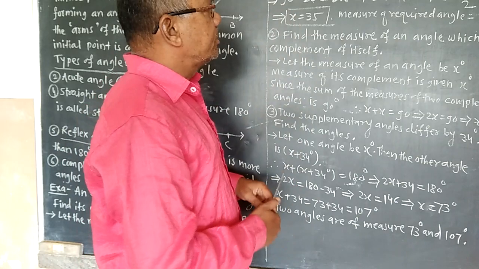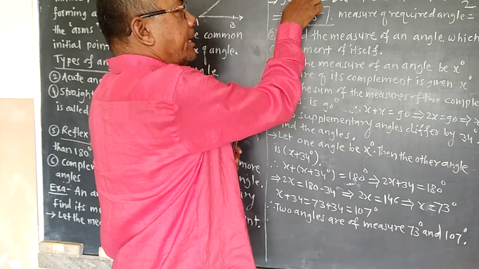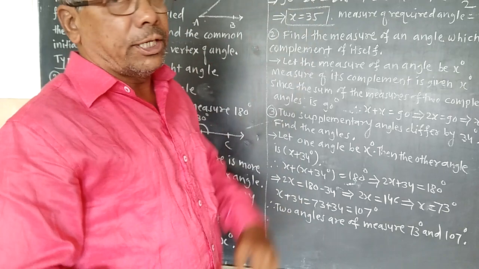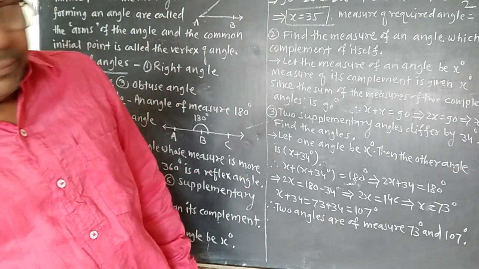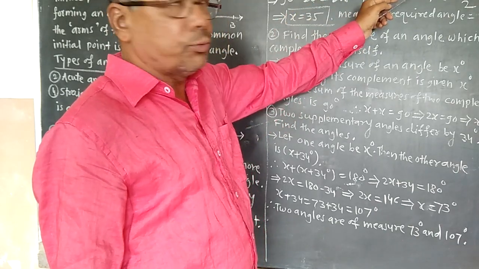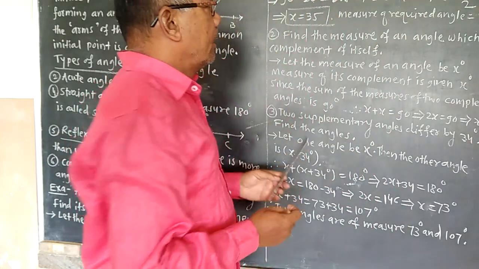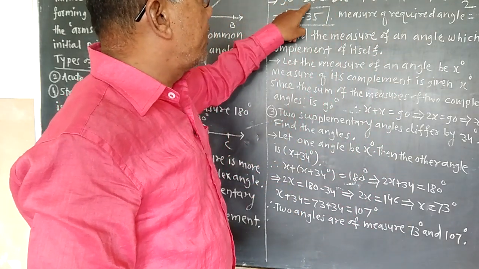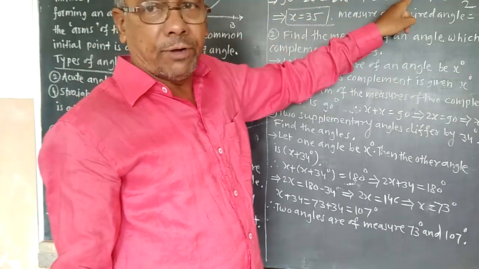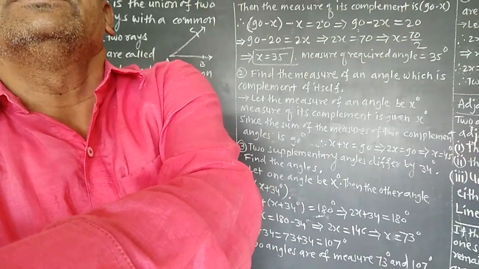Now, if we remove the brackets, we get 90 minus x minus x, which is 20 degrees. So 90 minus 2x is equal to 20. Therefore 90 minus 20 is equal to 2x, so 2x is equal to 70.